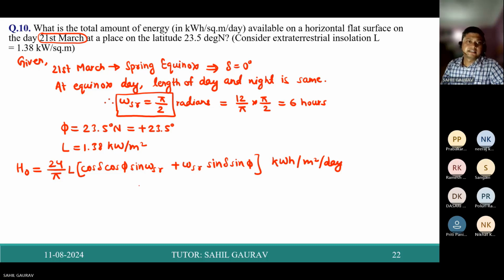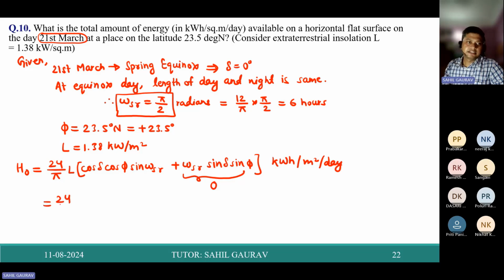So since del is 0, it will be 1, cos phi we have to put 23.5, and sin pi by 2 is 1, and this omega SR is pi by 2, and sin del is 0. So the whole second term will become 0.